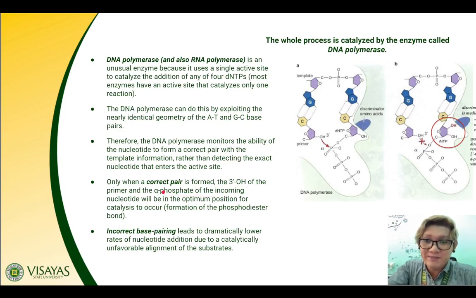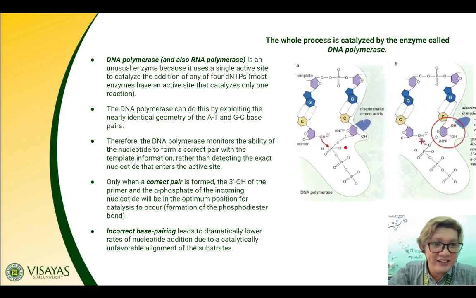Only when a correct pair is formed will the 3' OH of the primer and the alpha phosphate of the incoming nucleotide be in the optimum position for catalysis to occur. Okay? So thus the phosphodiester bond is formed.